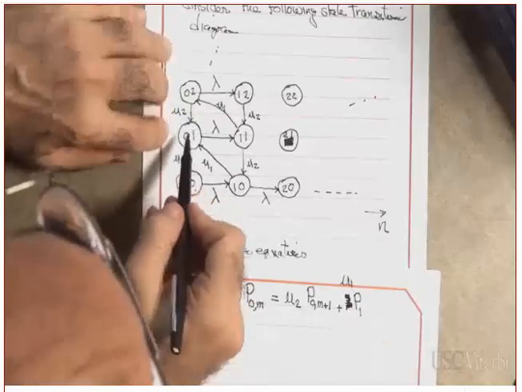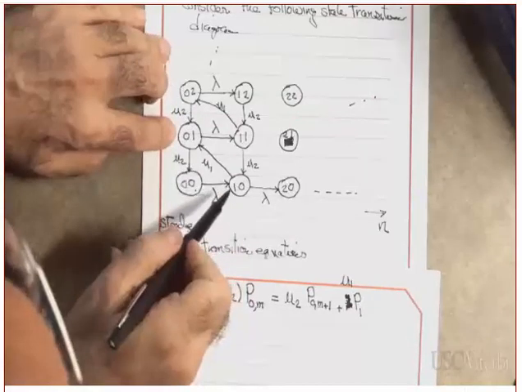Okay. Let's take now this one. Where is this one coming from? From the same N, but the M is plus 1. So plus mu2 times P of N, M plus 1. And finally, where is the other one? The other one is coming from here, which is a level below, and one column to the right.